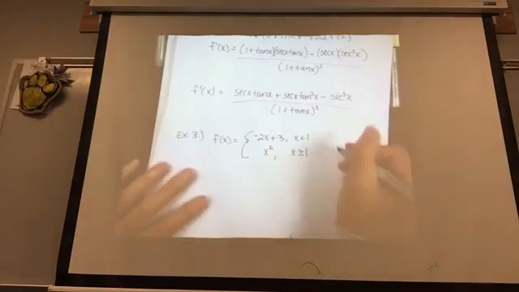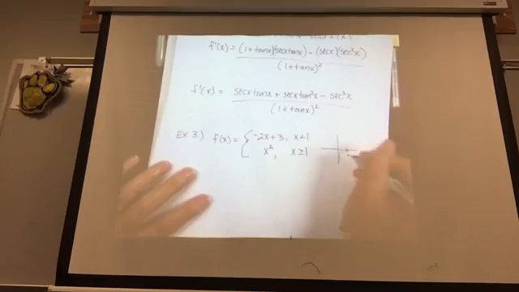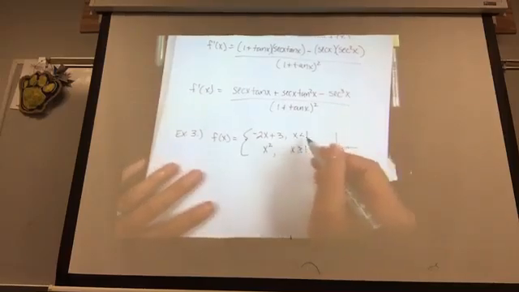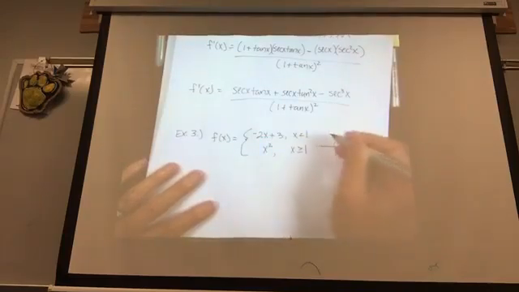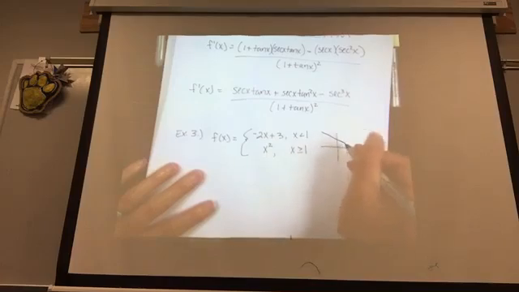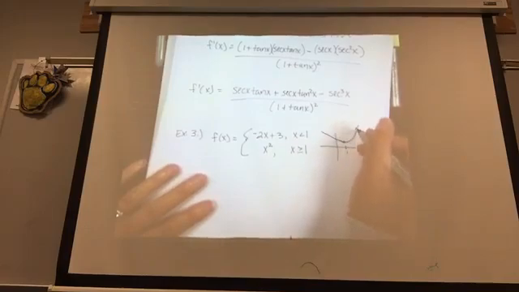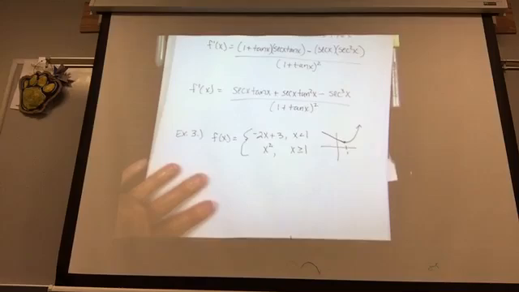Alright, so this piecewise function, I know to the left of 1 I'm going to have some linear function with a negative slope. And then at 1, it's connected, so I'll have a point there, and then it'll become x squared to the right.